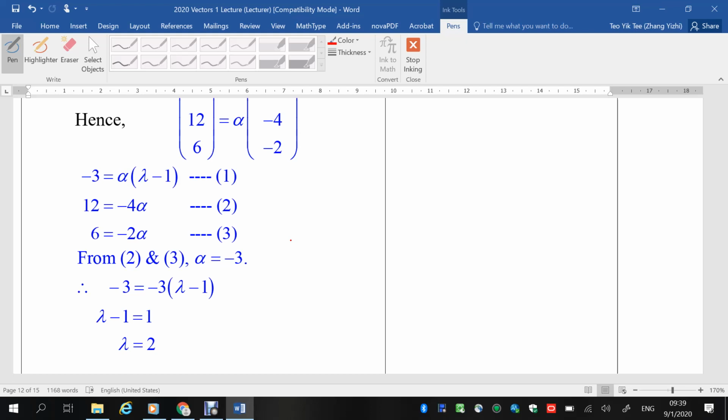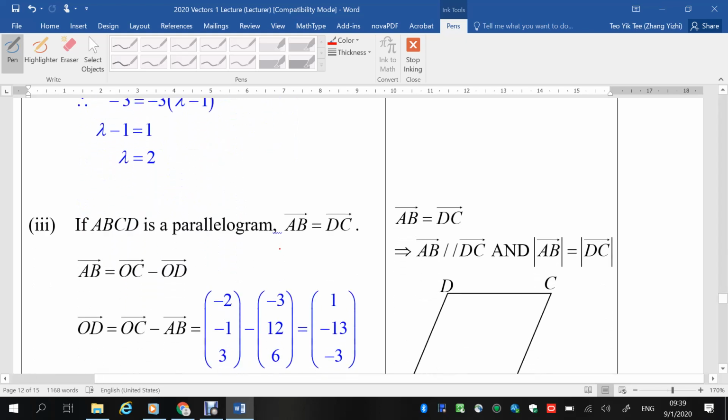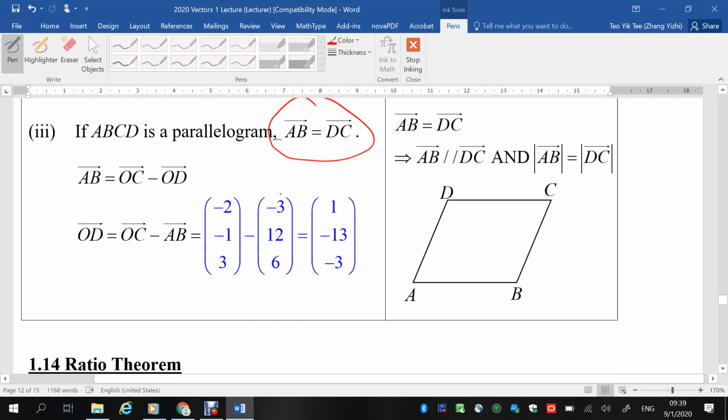So if it's a parallelogram, what conditions must be met? This condition must be met: vector AB is equal to vector DC. Do I have AB? Do I have DC? Go and find them accordingly. You should be able to get your AB.